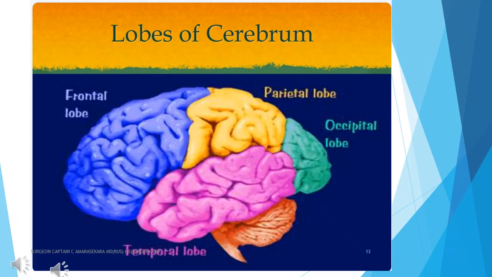From the temporal lobe, we'll shift into the cerebellum, colored in orange. Main functions are coordination, balance, and fine motor control. Lesions cause ataxia, dysmetria, intention tremors, and nystagmus. So these are the outline of the lobes of the cerebrum.